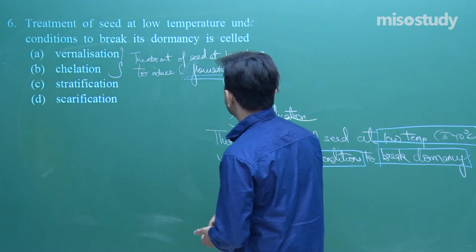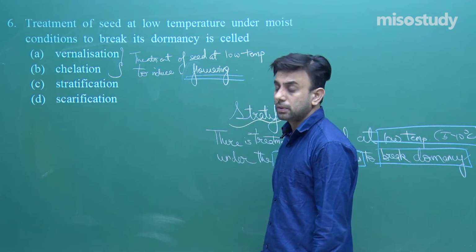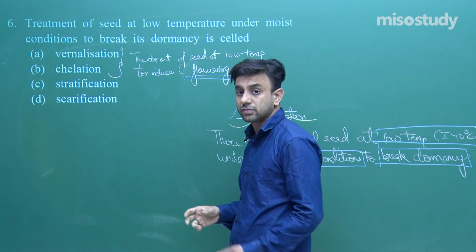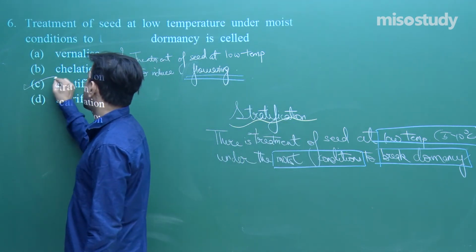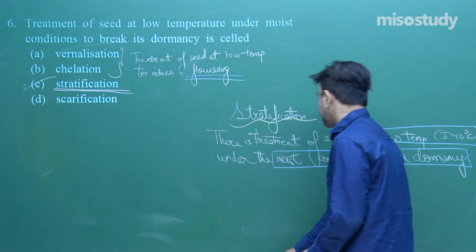So treatment of seed at low temperature to induce flowering is vernalization and chelation, but the correct answer for this will be stratification.